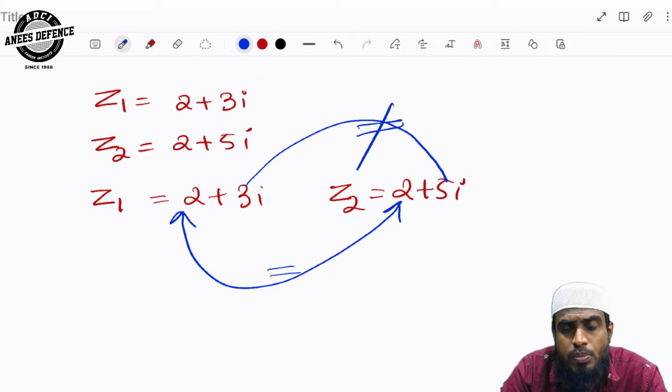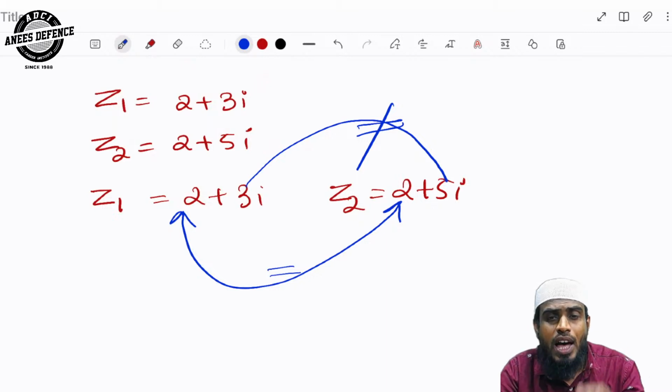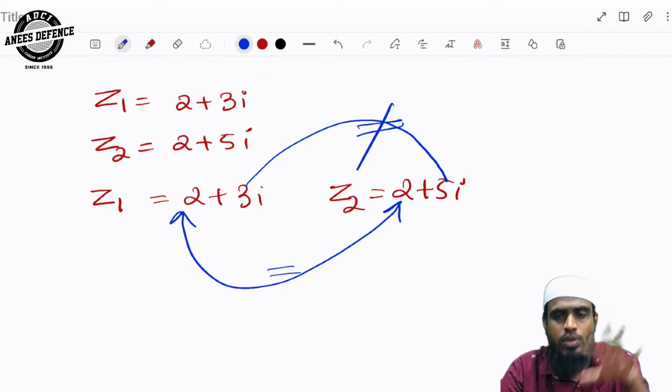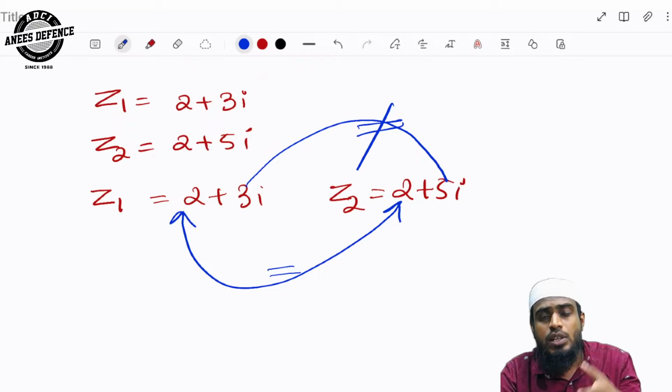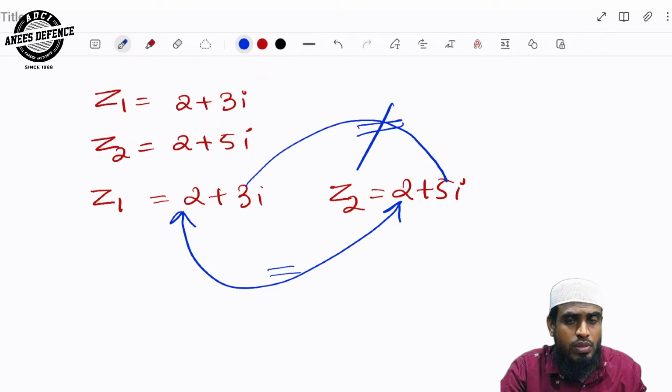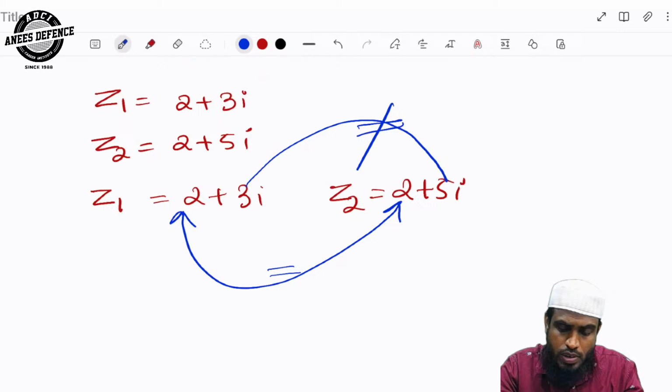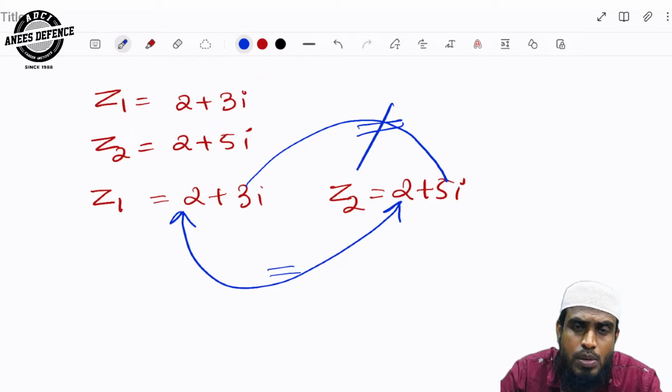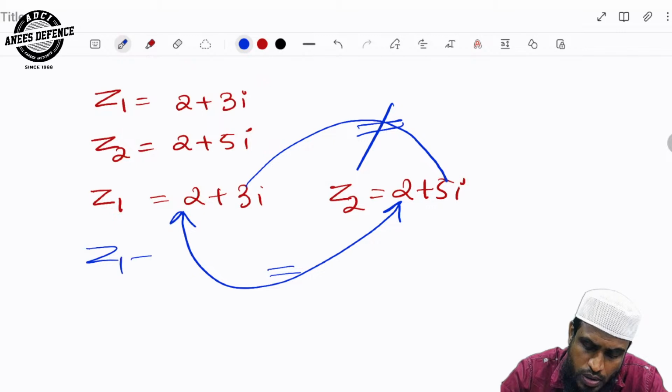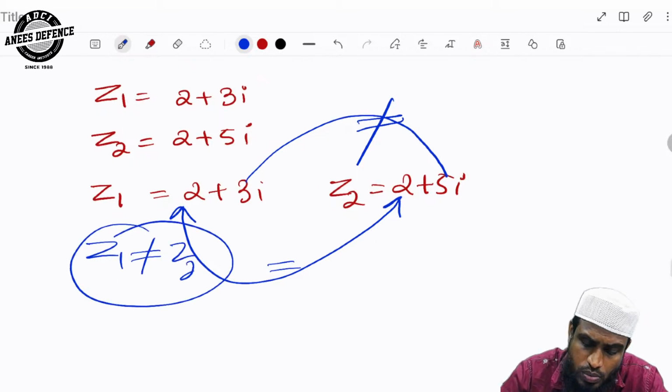If two complex numbers are to be equal, then both real and imaginary parts should be simultaneously equal. If the imaginary parts are equal but the real parts are not equal, we cannot say that both are equal. So here real is equal, imaginary not equal, so we cannot say that z1 equal to z2.